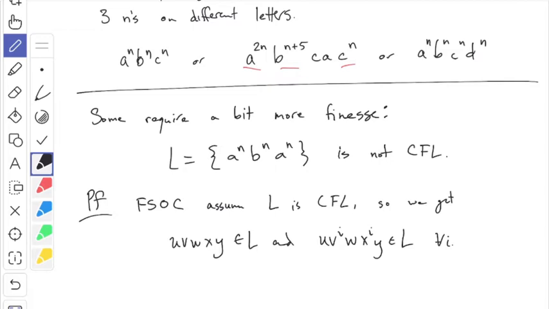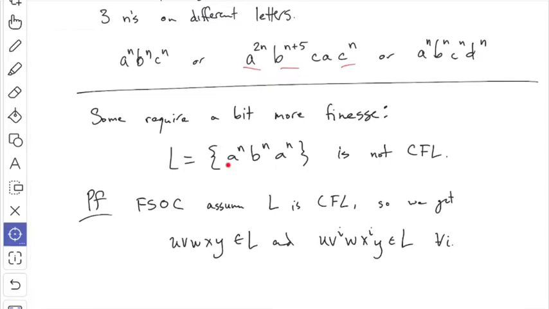Now, we can start off the same way. Because we need to maintain this format, a bunch of A's followed by a bunch of B's followed by a bunch of A's again, it is still true that the V and the X are not allowed to mix together the letters. The V and the X have to be all A's or all B's. So that is still true.